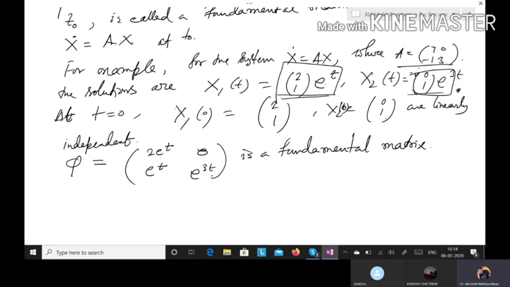So this is a fundamental matrix, just putting the solutions in the columns of phi.